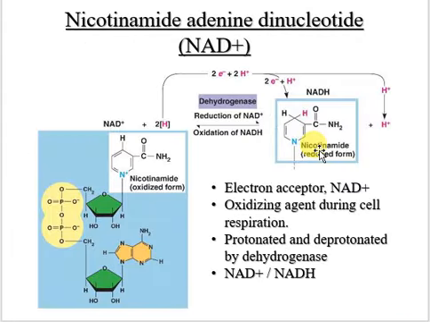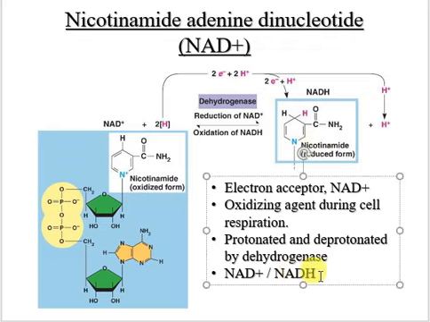Now, as I said before, there are two energy-carrying molecules that are also products of cellular respiration. The first one that we'll talk about here is nicotinamide adenine dinucleotide, or NAD+. There are two forms that we're going to talk about, NAD+ and NADH. So what's the difference? Well, one is what we call oxidized, the other is reduced.